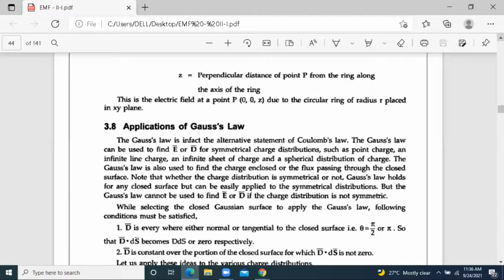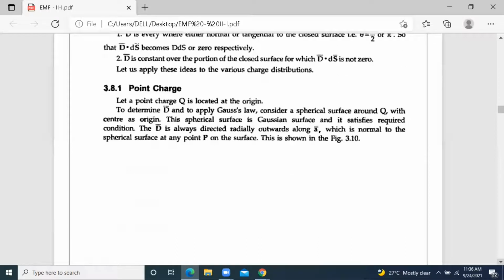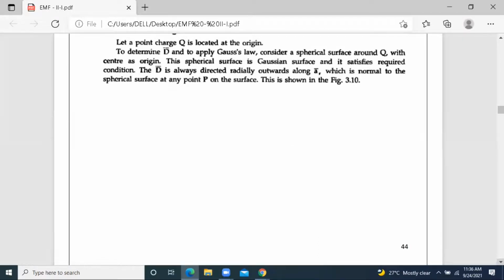The total electric field that's coming through the surface that you choose is equal to the charge enclosed. The enclosure that you create for the charge, we call it the Gaussian surface.